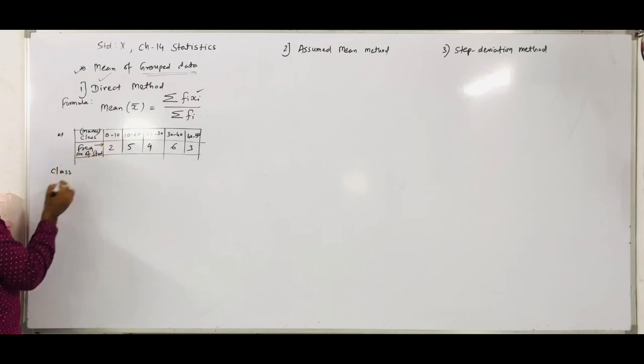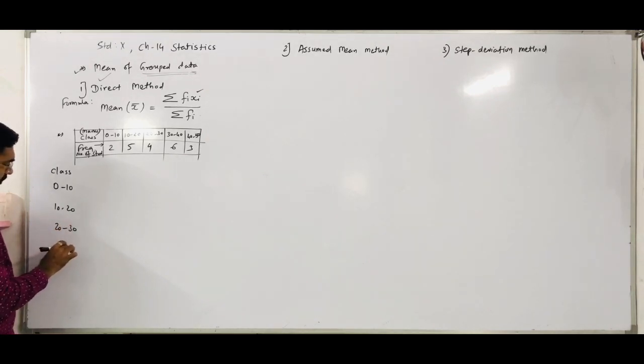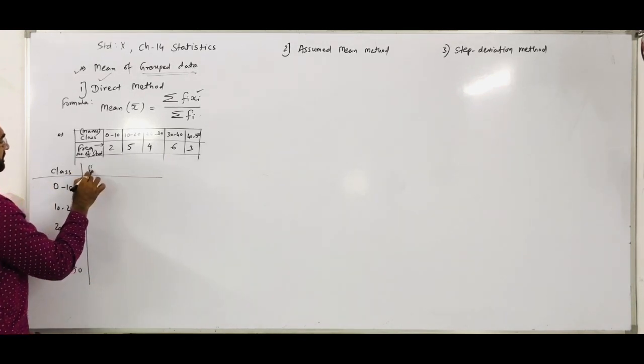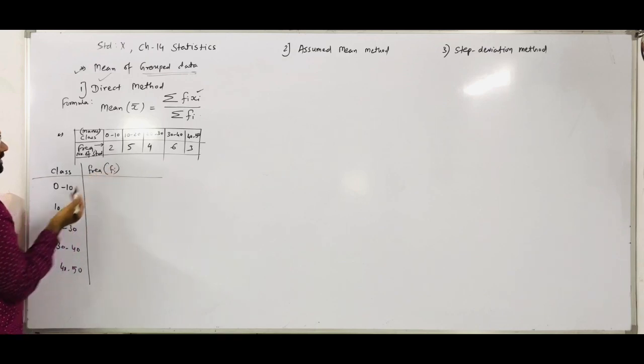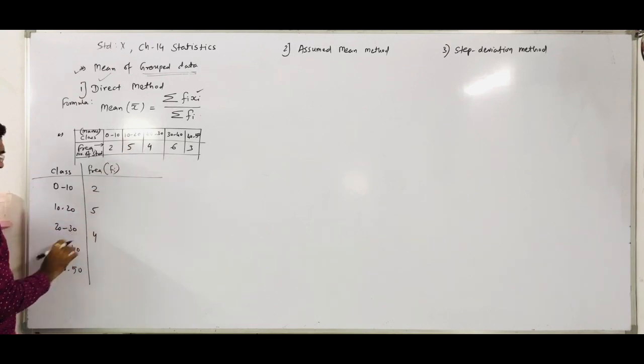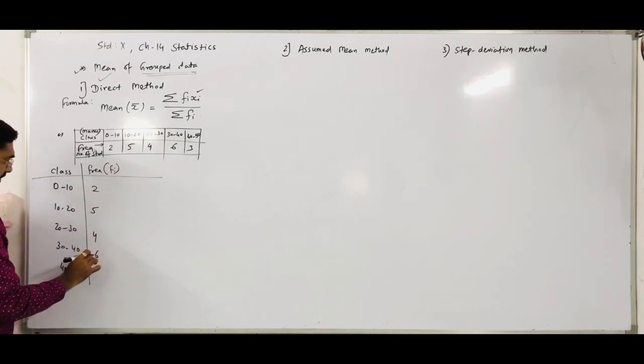First is the class: 0 to 10, 10 to 20, 20 to 30, 30 to 40, and 40 to 50. Then we write the frequency, the fi value: that class frequency is 2, that class is 5, that class is 4, that class is 6, and this class frequency is 3, right?